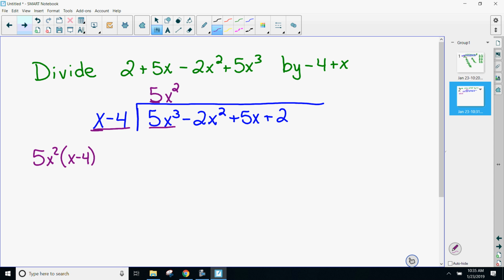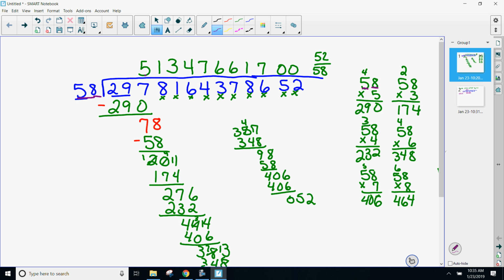And if you do the distributive property, you're going to get 5x cubed minus 20x squared. Do you agree with that? So just like over here, when you take 5 times 58, that gives you that number right there. What's the next thing you do in long division?